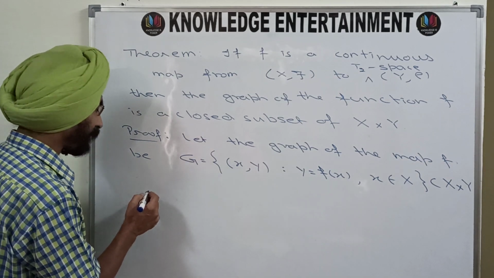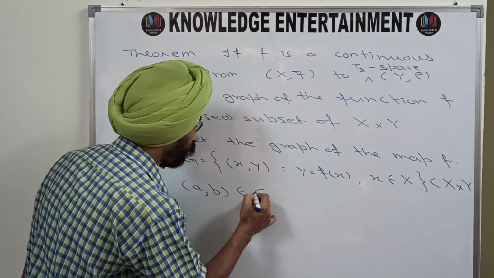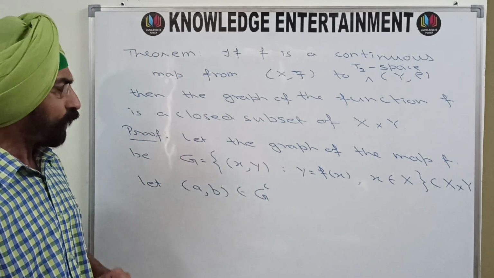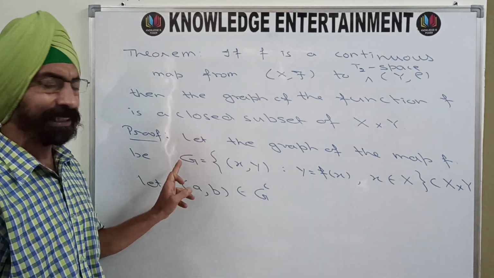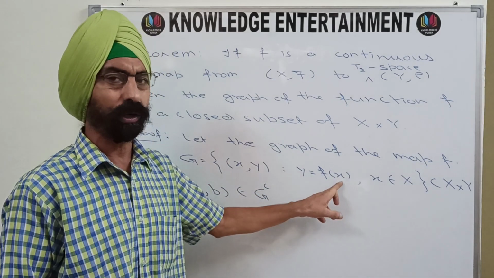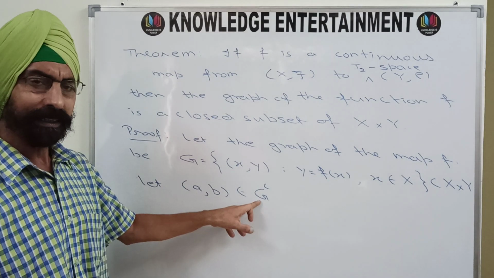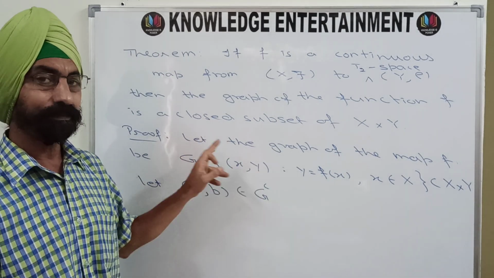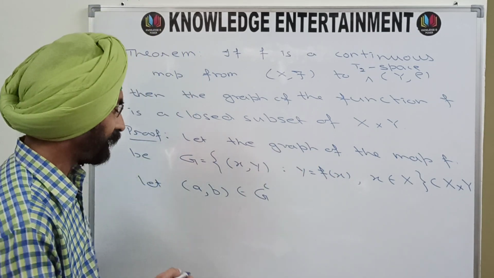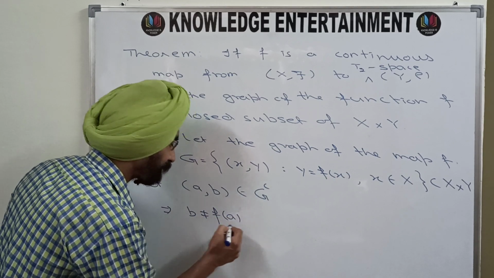So I start with, let (a, b) be a point of G complement. Now the property of the elements of the set G: if (x, y) is an element of G, then y is equal to f(x). That means if (a, b) is in G complement, then (a, b) is not in G, so b is not equal to f(a).